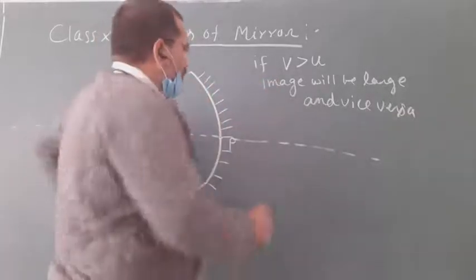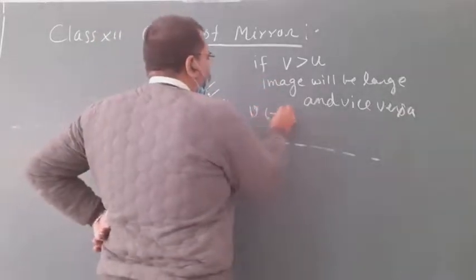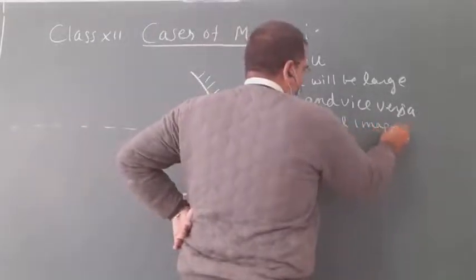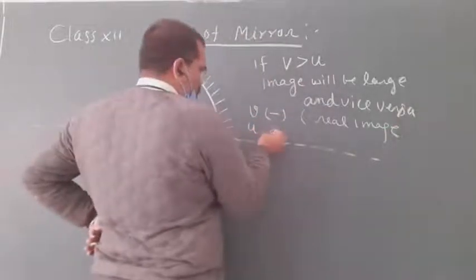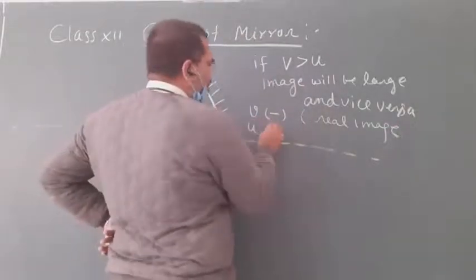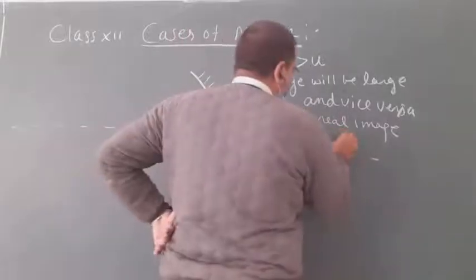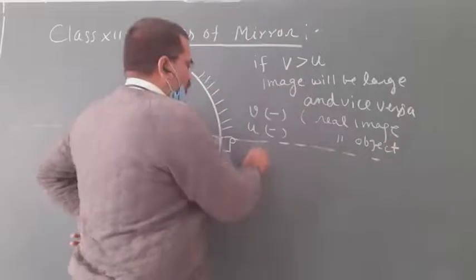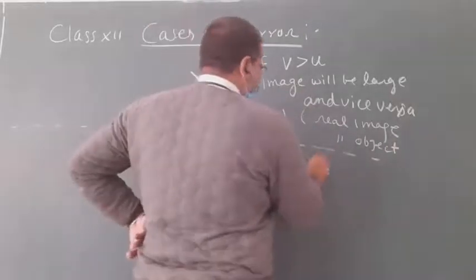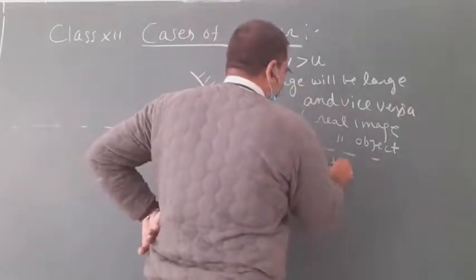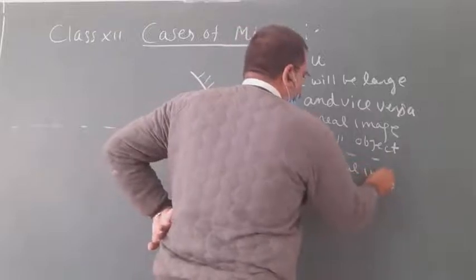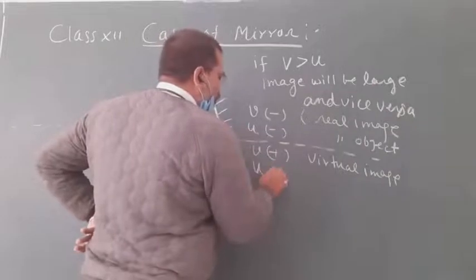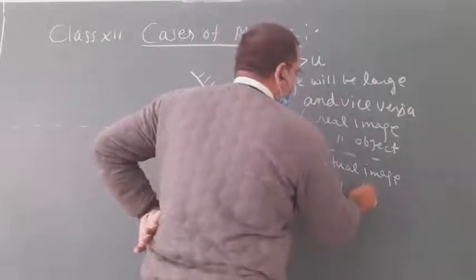It means, if V is negative, real image. U negative, real object. V positive, virtual image. U positive, virtual object.